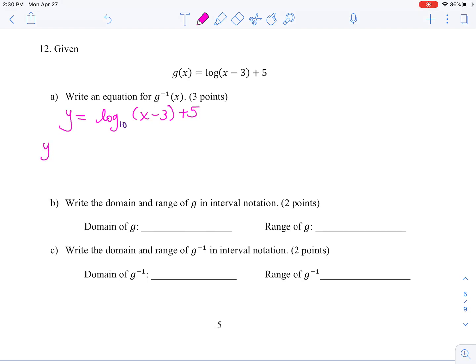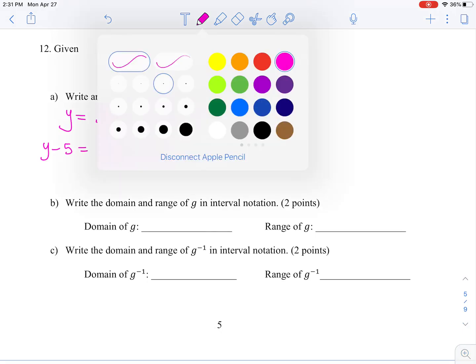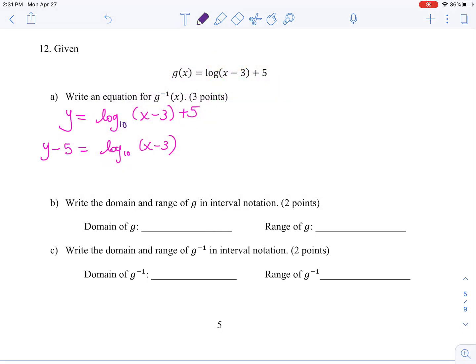Subtract 5 from both sides, you get y minus 5 equals log base 10 of x minus 3. You know that you're not allowed to add 3 yet, and this is where we're going to rewrite this in exponential form. Exponential form has a base of what? 10, and the exponent is x minus 3, and that equals y minus 5.